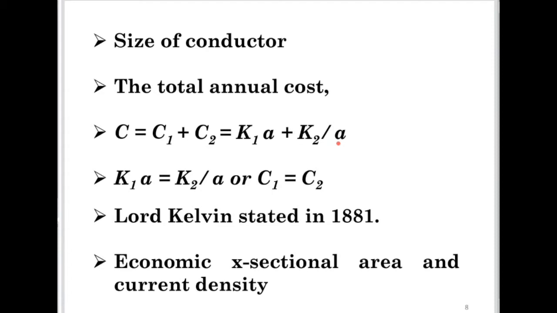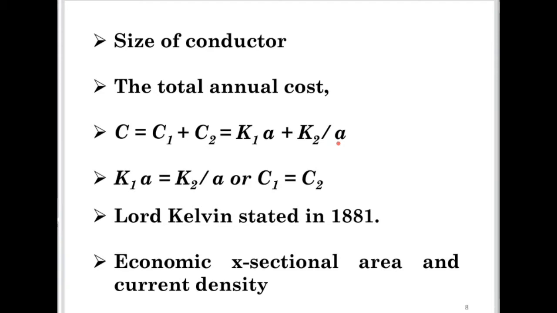Sometimes when we have this cross-sectional area and we know the current that the conductor is carrying, we can also find out the current density. Now, this density is not like those densities that we come across in material science or applied mechanics or even in general physics. It's not that density, it's current density.